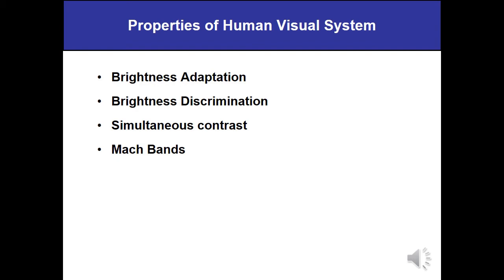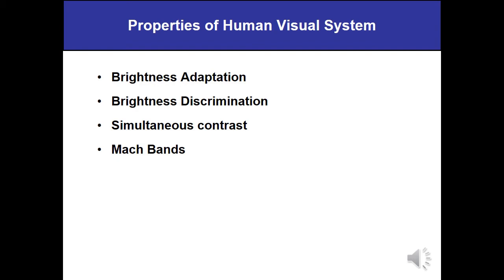It is the perception or sensation of the input light in the brain that produces the concept of brightness. You have also studied other terms like contrast, which is defined as the difference in perceived brightness. You know the term simultaneous contrast, and here you are going to study Mach bands as well.